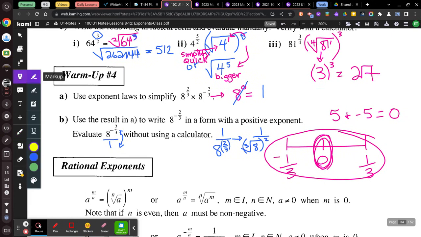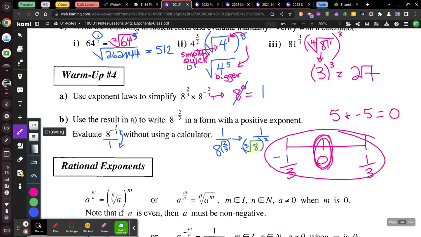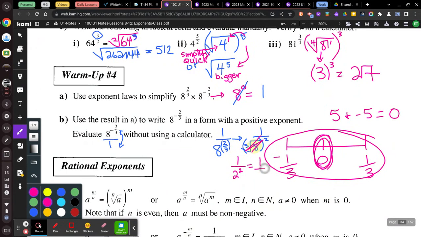Because again, we're doing BEDMAS, and that means we solve our radicals, just like brackets. They go first. So I'm going to solve that bad boy, and he's going to become a 2. So I get 1 over 2 squared, which is 1 over 4. So my final answer for this one will be 1 over 4.